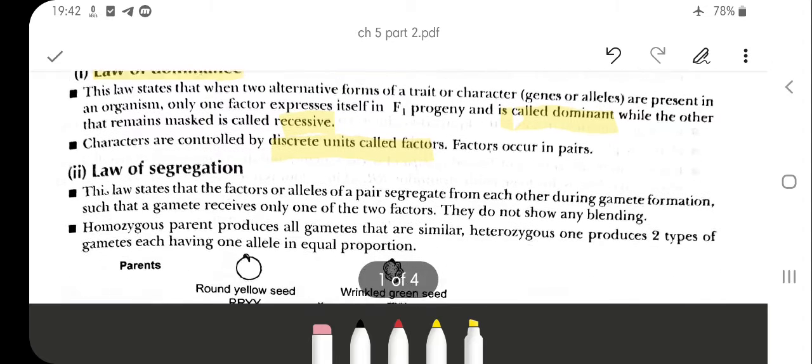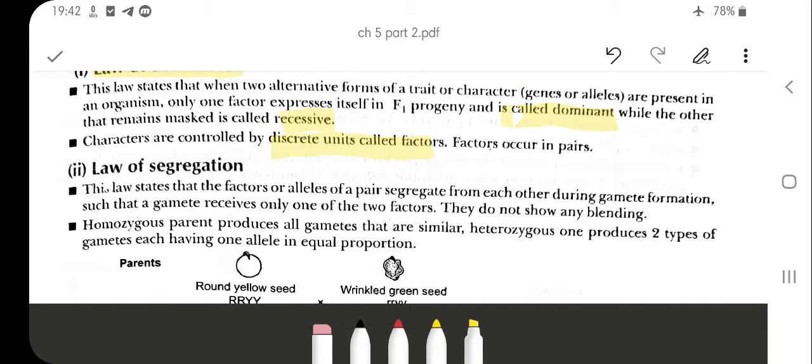Now the second law stated by Mendel after the monohybrid cross is the law of segregation.